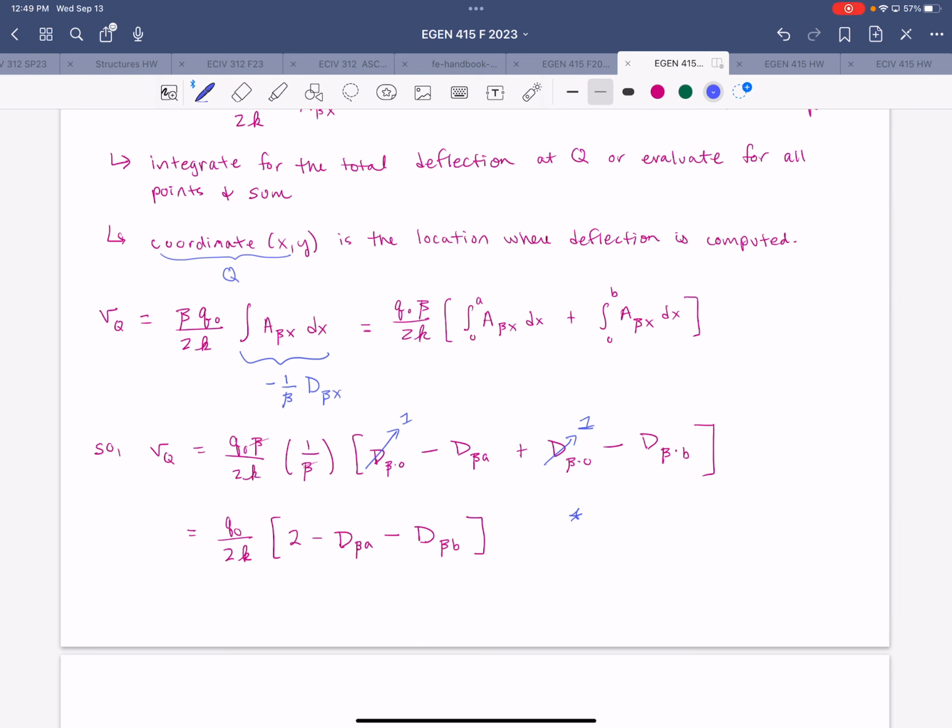And so I'll just note here, right, lowercase a and b are measured from Q. And then just as a refresher, right, beta to the fourth is equal to k over 4EI.